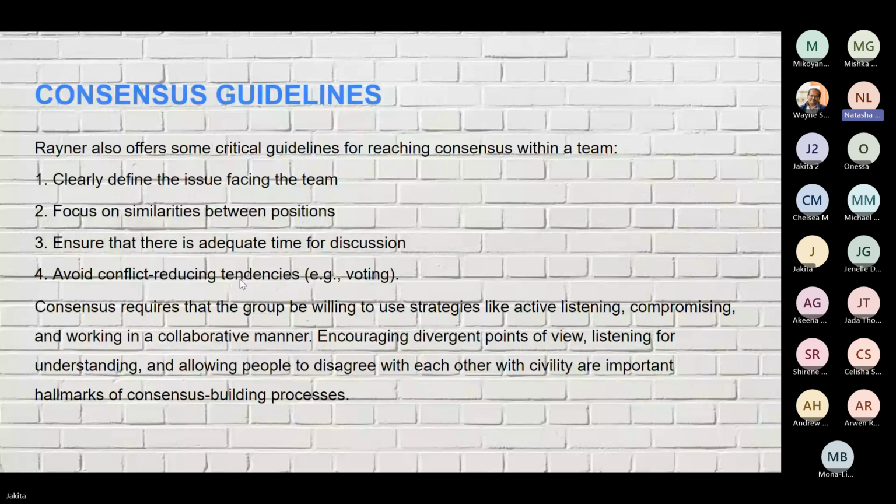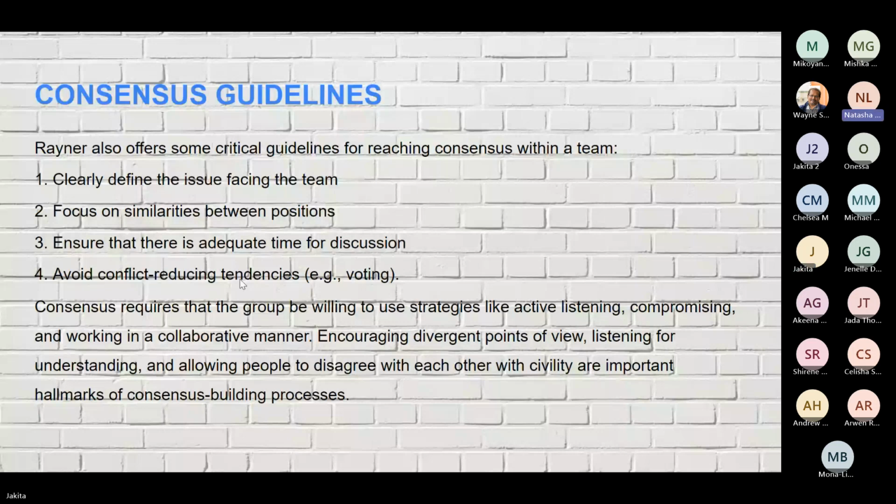And 4, avoid conflict-reducing tendencies, for example voting. Consensus requires that the group be willing to use strategies like active listening, compromising, and working in a collaborative manner. Encouraging divergent points of view, listening for understanding, and allowing people to disagree with each other with civility are important hallmarks of consensus building processes.